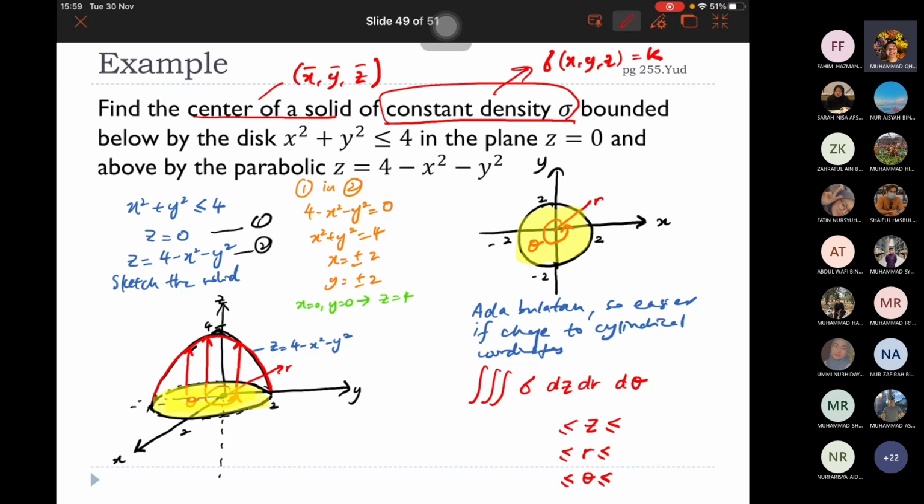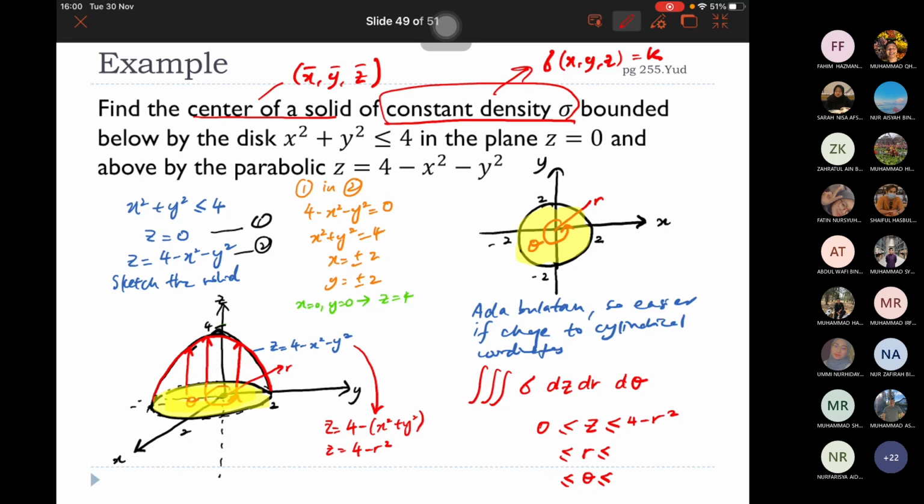0 to 4 minus R square. Yap, betul jawapan Mikey. From 0 sampai 4 tolak R squared. This equation will turn out to be Z equal to 4 minus X squared plus Y squared, sama dengan 4 tolak R squared.